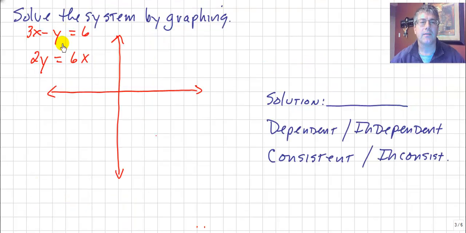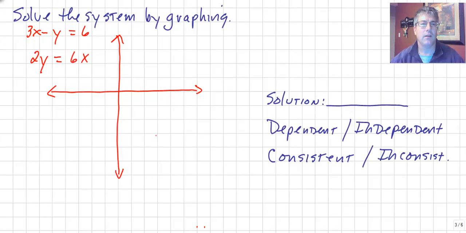Let's work on the second sample problem. We'll solve this particular system by graphing. Let's take a look at these a little differently. 3x minus y equals 6. Well, the slope of that first problem, without finding the x and y intercepts, it's in standard form, so we can do the opposite of a over b, which would be -3 over -1.